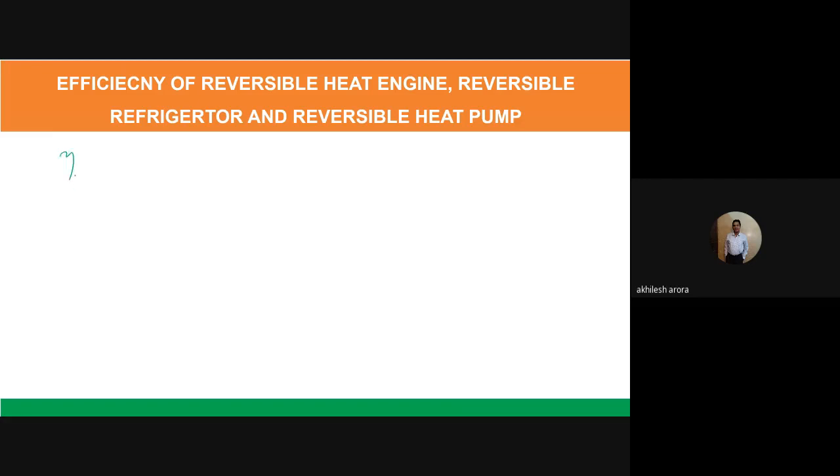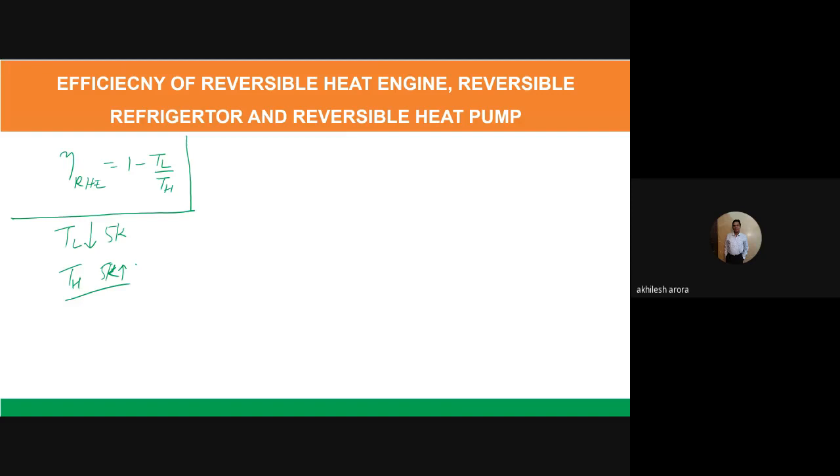I said the efficiency of the reversible heat engine is equal to 1 minus TL over TH, and I have given you an assignment also to check what is the effect on the efficiency if we lower TL by 5 Kelvin and if we increase the high temperature by 5 Kelvin. So that is what I have already given you as an assignment.